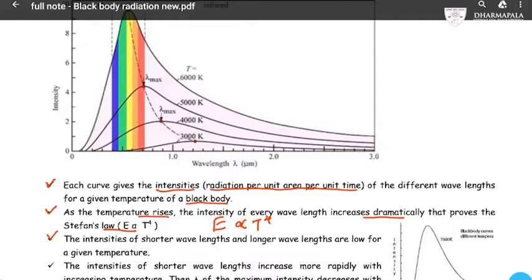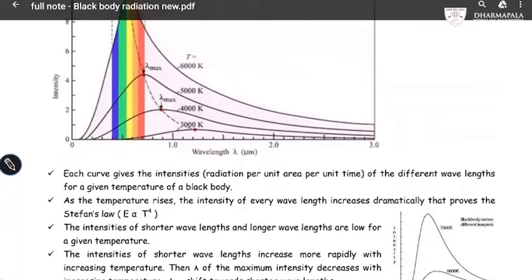Third one, the intensities of shorter wavelengths and longer wavelengths are low for a given temperature. So you can see for all those temperatures, the shorter wavelengths and the longer wavelengths have intensities much smaller than in between this region.